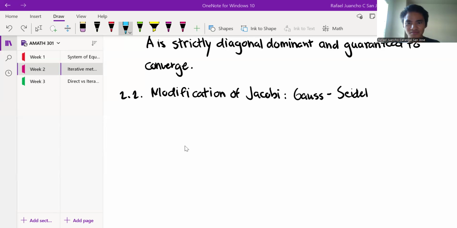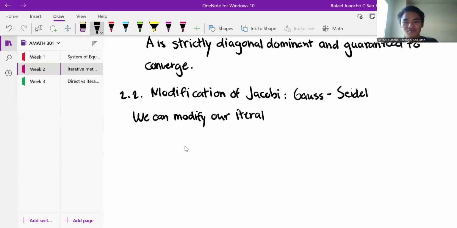So let's do that. Here I'll just say something like, we can modify our iteration using this method.